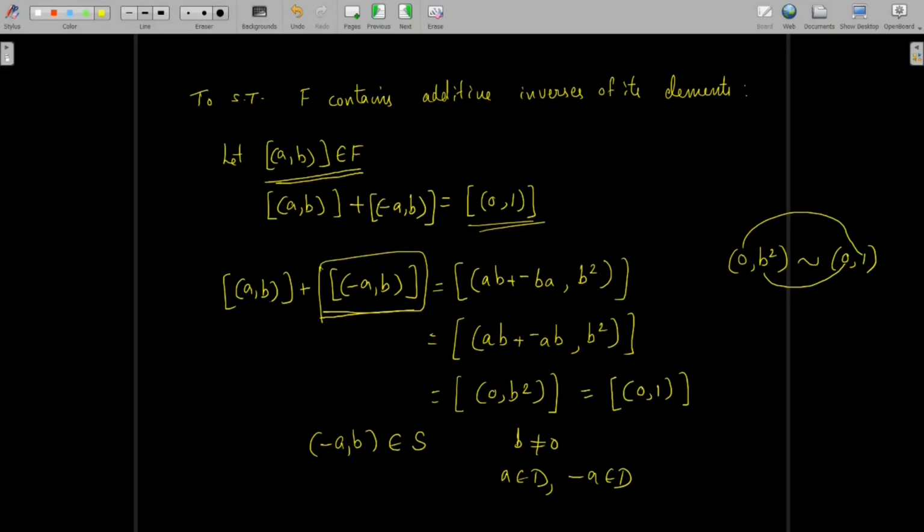Therefore, minus A, B comma B belongs to S, which follows that the equivalent class of minus A comma B belongs to F. Therefore, the additive inverse of the equivalent class AB is the equivalent class of minus A comma B, since the sum of these two terms results in the additive identity element 0, 1 in F.